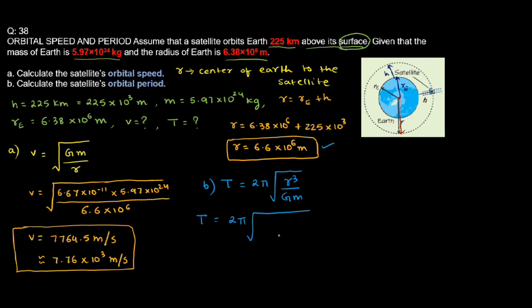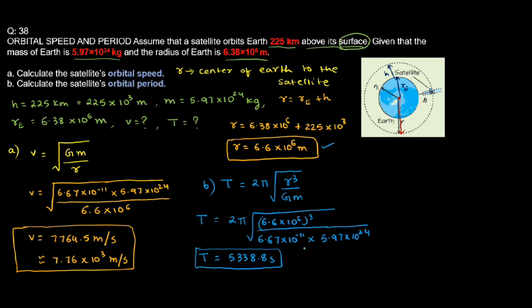So this is the r that we are going to use. 6.6 times 10 to the power 6 cubed, divided by G, which is 6.67 times 10 to the power negative 11, times mass of the Earth. And when you solve this, you get your time period as 5338.8 seconds.